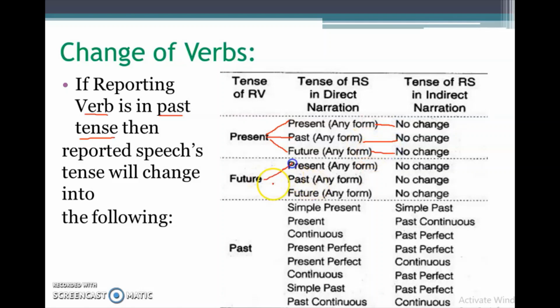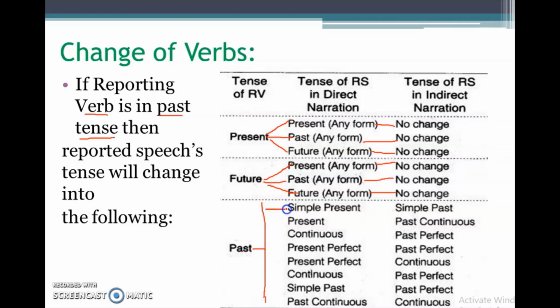If there is future tense, we will not change the tense or verb in the reported speech part of the sentence. But if there is past tense, then we will change the verb. And how will we change the verb? Change of verb will take place according to the following rules.